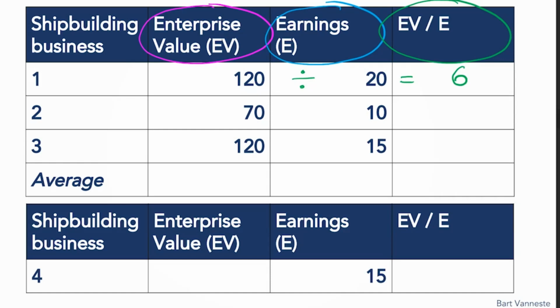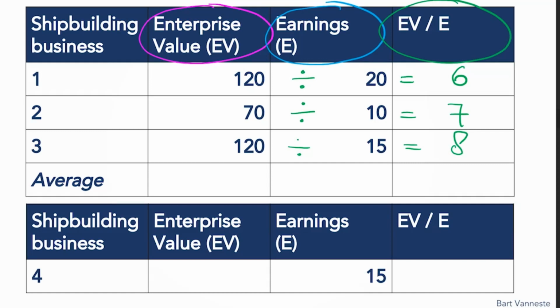We can calculate the same multiple for the other businesses. So if we want to calculate the multiple for business 2, we do 70 divided by 10 equals 7. Likewise, for business 3, we divide 120 by 15 equals 8.